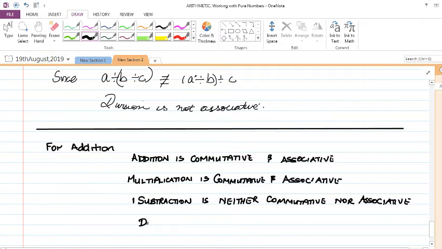And we say division as well is neither commutative nor associative.